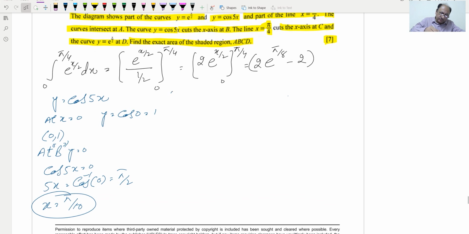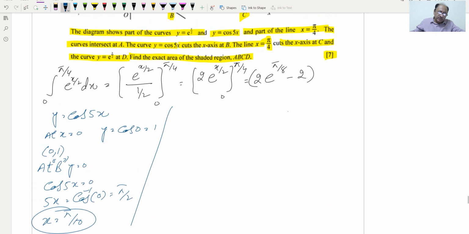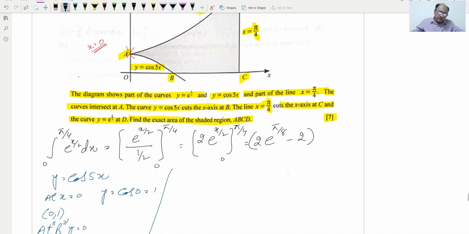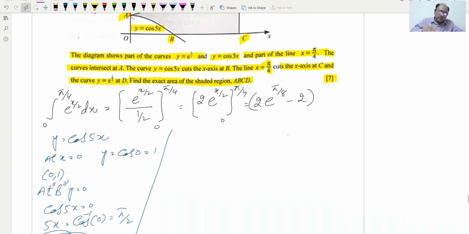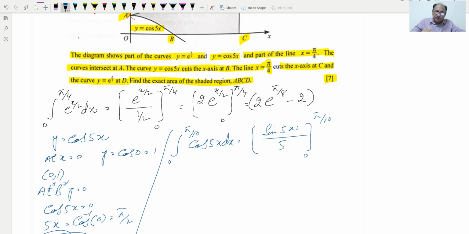These will be our integral limits, and we are finding the area under the curve of the white portion, where the curve is y is equal to cos 5x. So the integral from 0 to pi by 10 of cos 5x dx will be equal to sine 5x divided by the derivative of this portion, which is 5, with limits 0 to pi by 10.